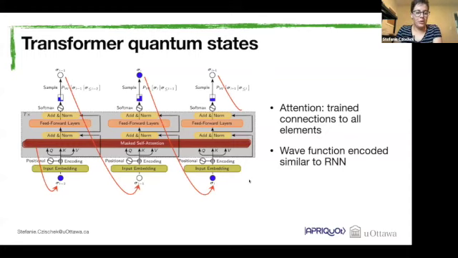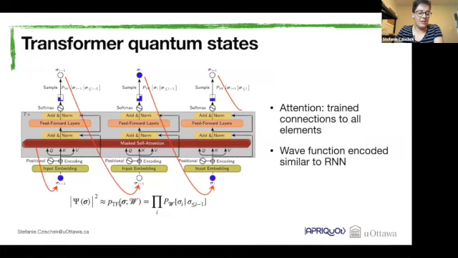Just for those of you who are familiar with transformers, we are using just the basic vanilla transformer. So the model that was introduced in the initial Attention Is All You Need paper. So we did not modify the structure here. We just used it as it was provided. And then again, we can do the same thing as with the recurrent neural network. So we can take the product over all these conditional probabilities that we get as an output.